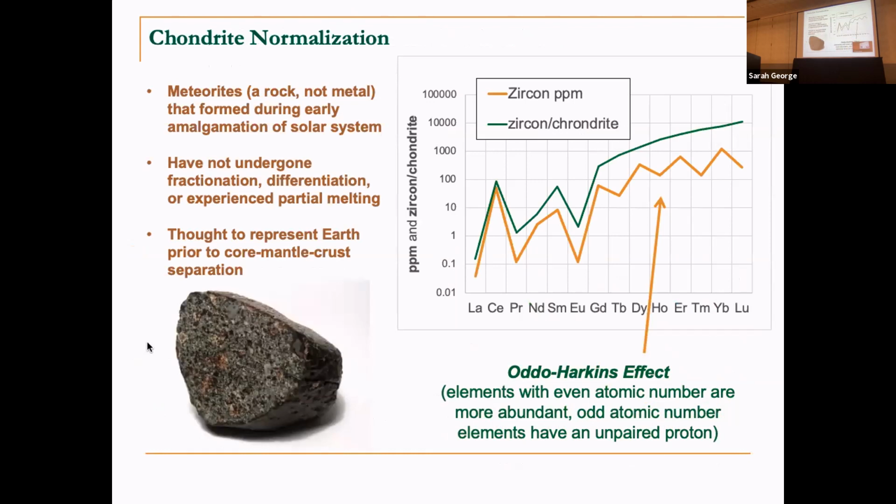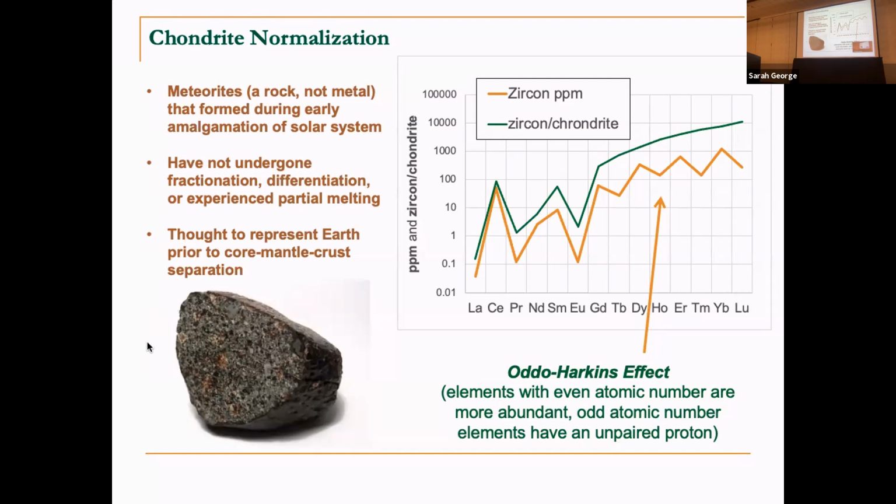We've heard about this idea before. The reason we do this: if you plot up a zircon just based on its trace element concentrations, you'll notice that it's super spiky. Have you ever heard of the Oddo-Harkins effect?